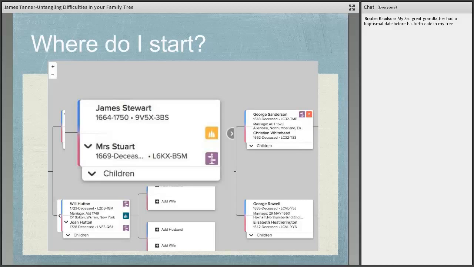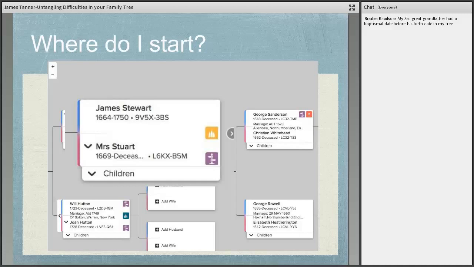And another problem is you'll see that Mrs. Stewart, whatever her name is, was born in 1669, but she has no death place or date. Nothing there telling us. So when you reach an entry like this with information that is approximate, estimated, or simply supplied as a placeholder, then that particular entry is a question mark.